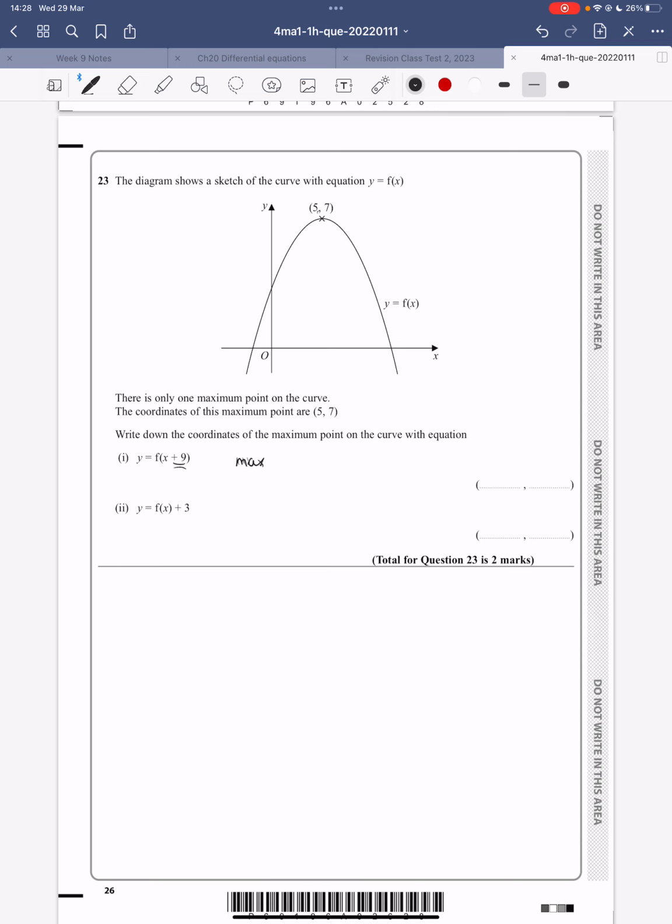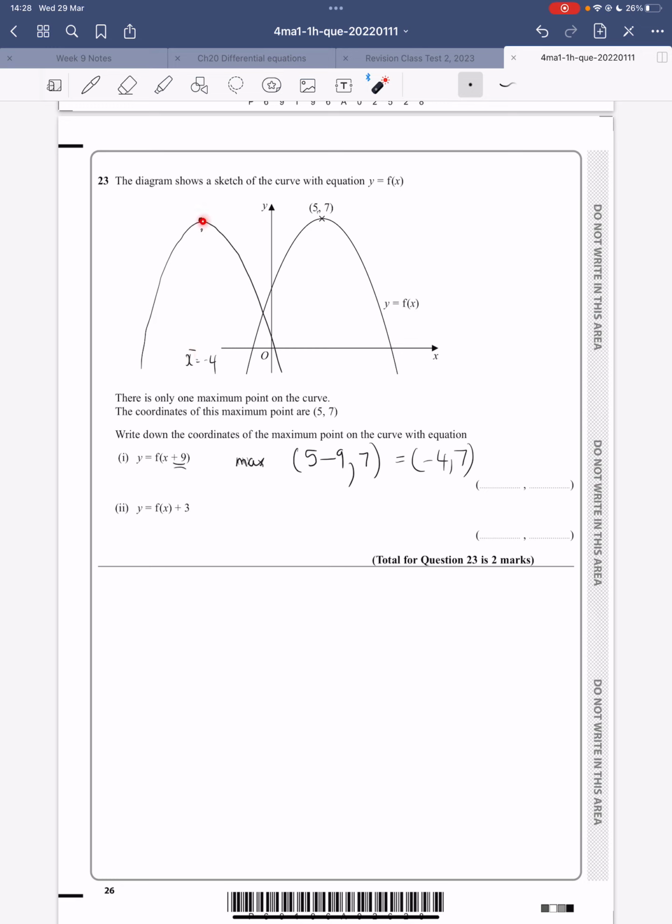So plus 9 there means we do 5 minus 9 and 7, so it's minus 4, 7. Because if x is minus 4, you've got to do x plus 9, so minus 4 plus 9 is 5.